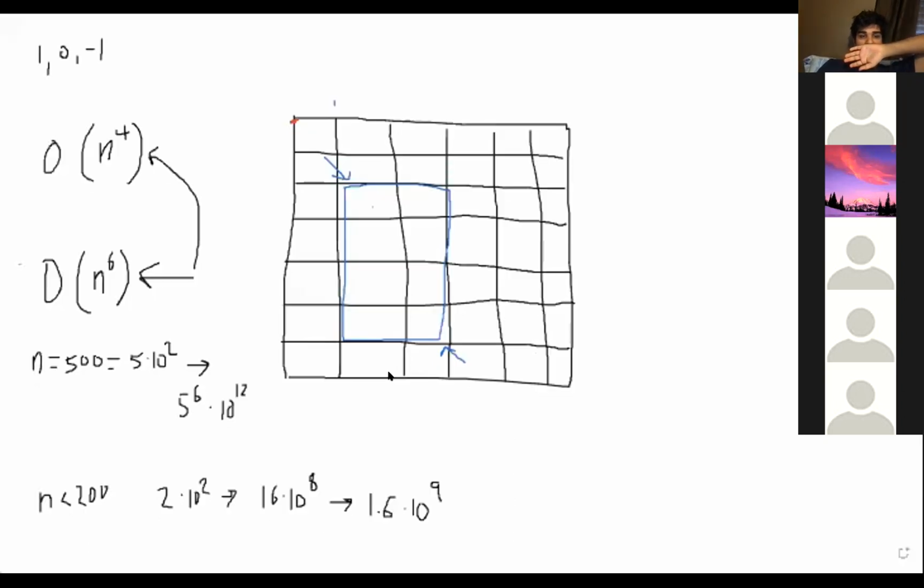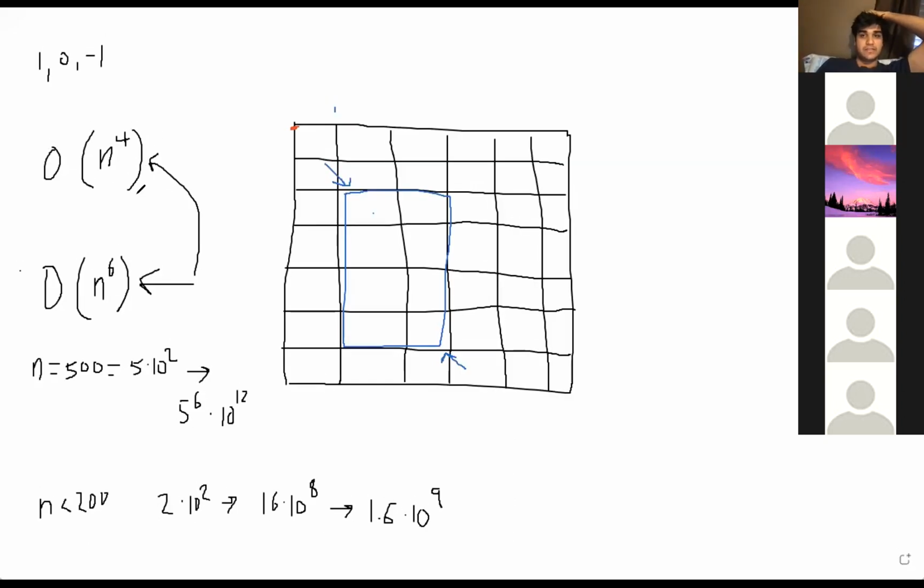So does anyone see how we can easily get this n fourth solution still doing a brute force fashion? Okay, good. So I'm glad no one knows this. So this will be a good thing to cover. Essentially, maybe the theme of the day, you can argue, is reusing work, right? A lot of these rectangles will just be slight perturbations of another rectangle.